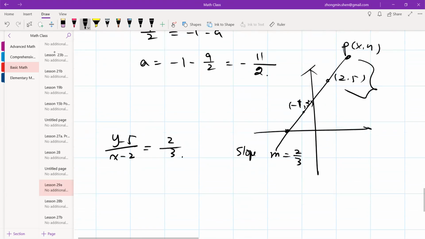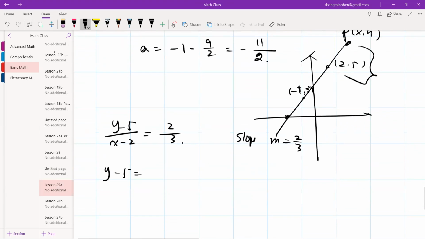So they are related: y minus 5 equals 2 over 3 times (x minus 2). This relationship is called an equation for the line.